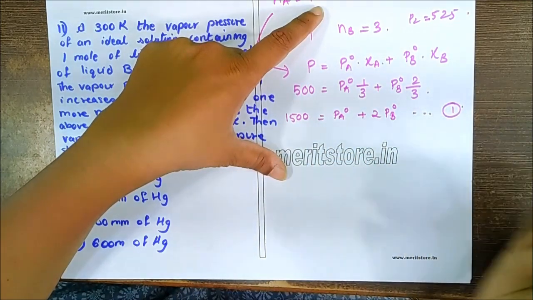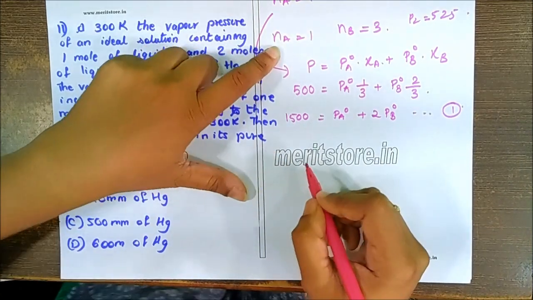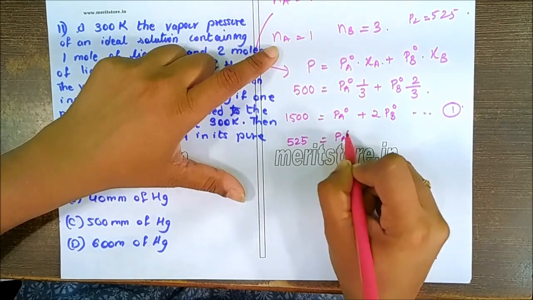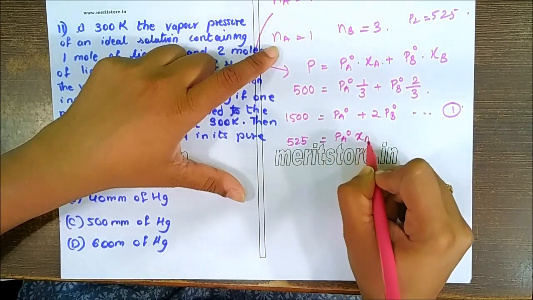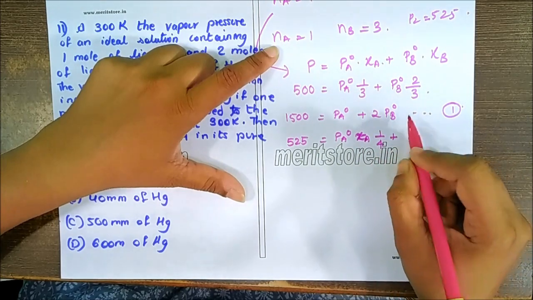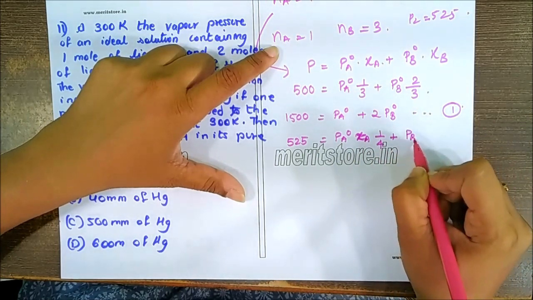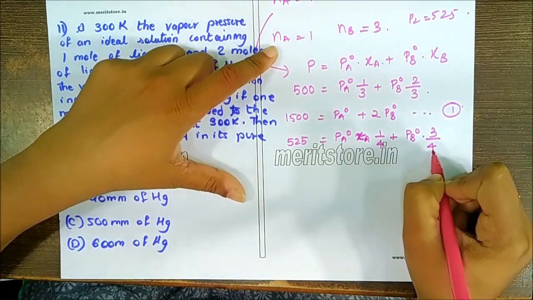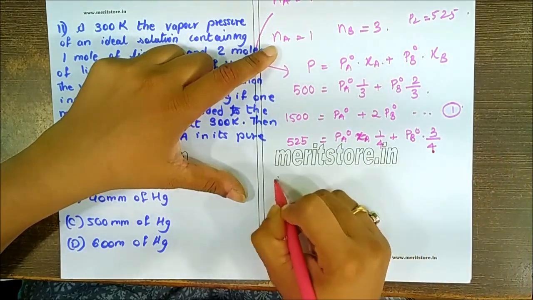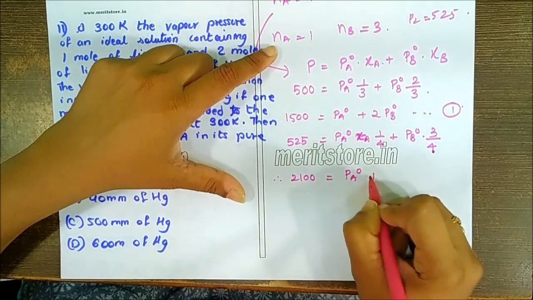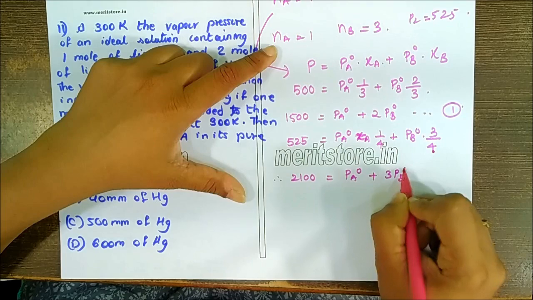Let's call this equation number 1. Under the second condition, 525 is equal to PA0 times XA, which is 1 by 4 this time, plus PB0 times 3 by 4. Multiplying the entire equation by 4, we get 2100 is equal to PA0 plus 3 PB0.